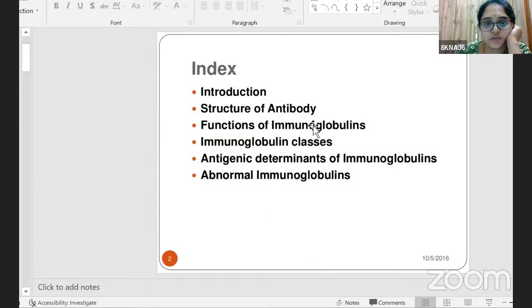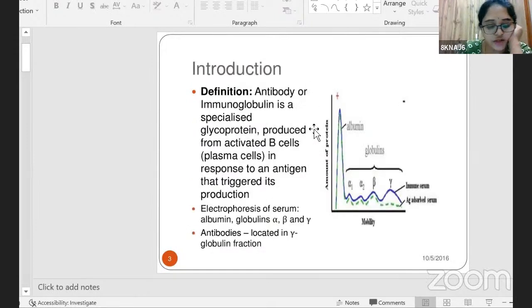So when it comes to the introduction of antibodies, they are soluble proteins. Antibodies are proteins in nature. They are made by B lymphocytes of the plasma cells in response to exposure to non-self antigens.